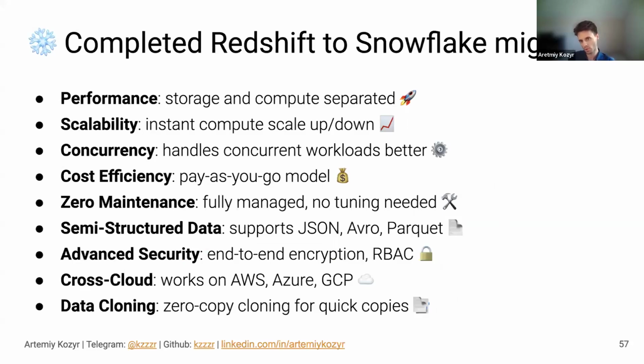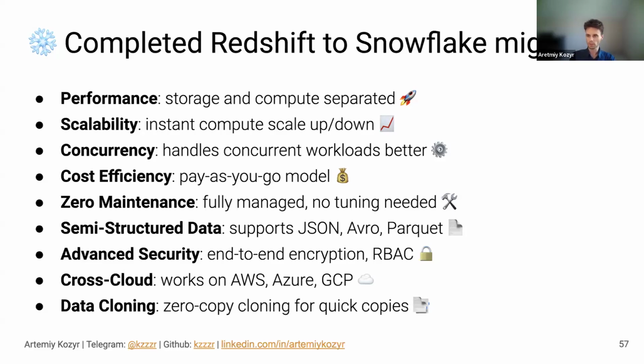So I completed a Redshift to Snowflake migration, and it gave me a lot of benefits and improvements. Just to name some of them: performance, separated compute and storage, which is awesome. It's auto scaling, so scalability, almost unlimited scaling. So you have multiple virtual warehouses dedicated to their own purposes, like extract, load, transform, BI tools, users, continuous integration jobs.